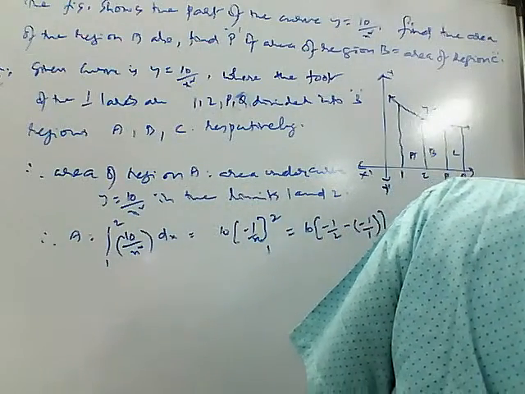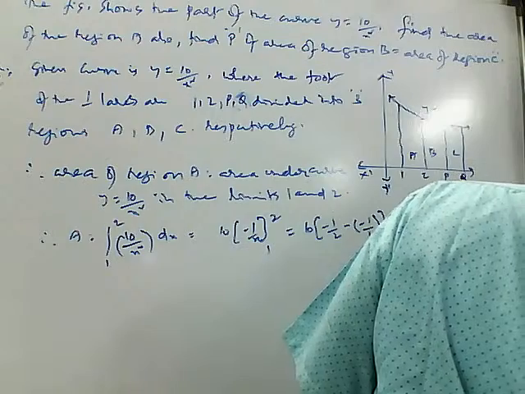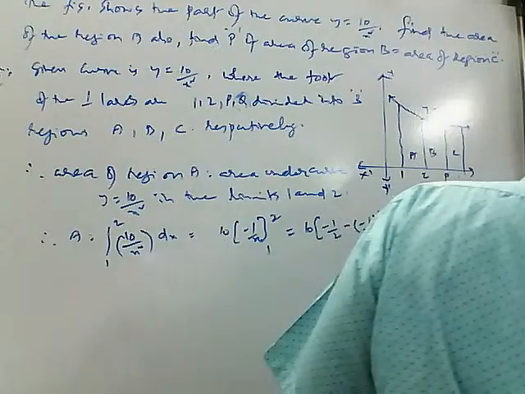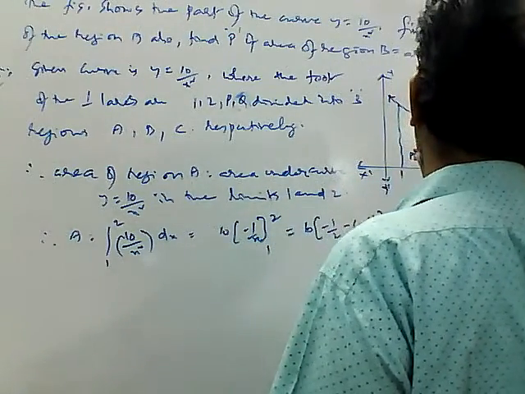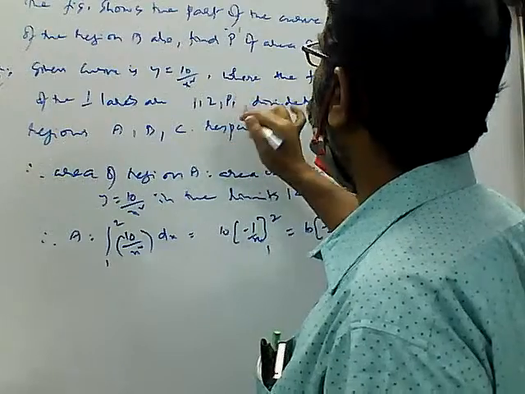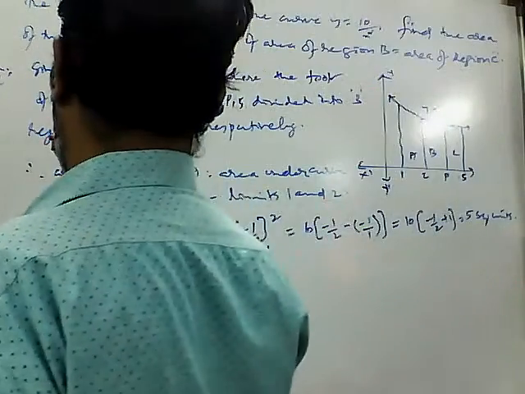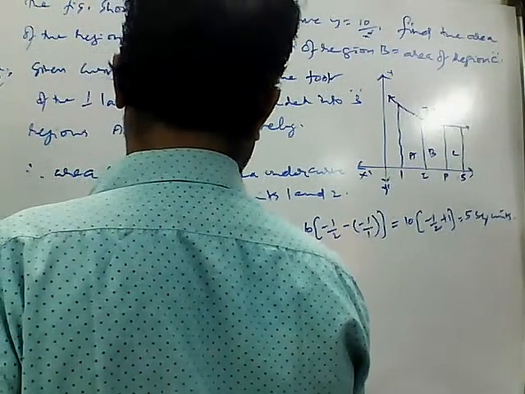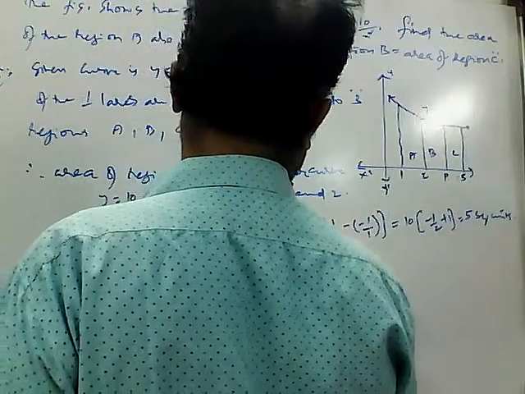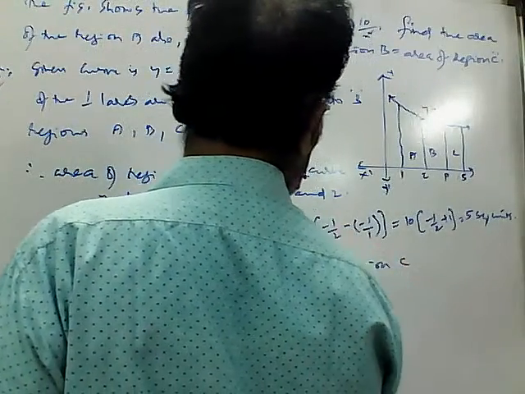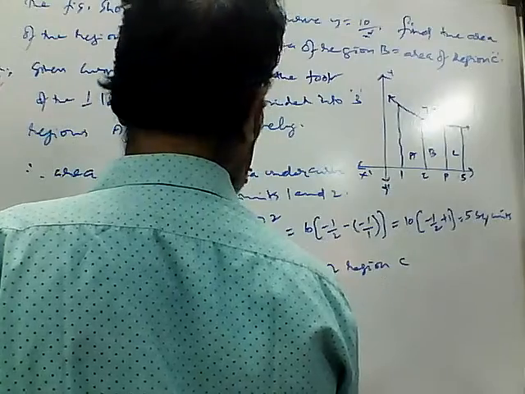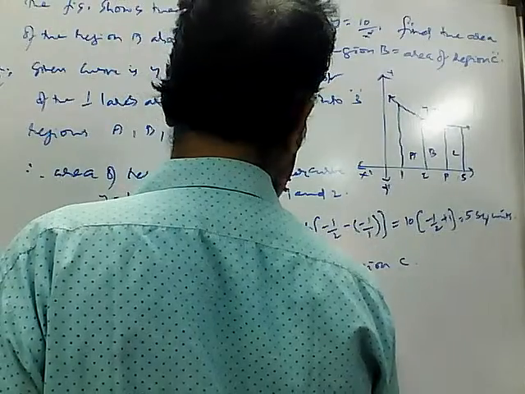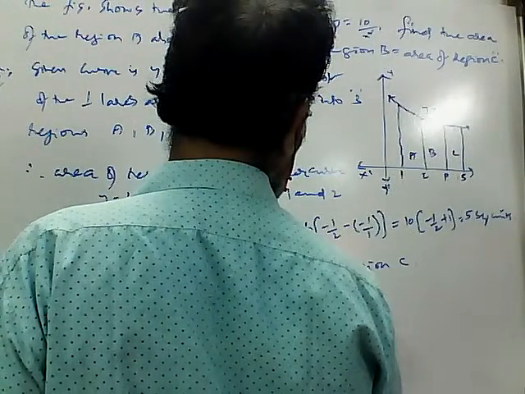Next, 2 to p, p to 5. Now, it is also given that the area of region B is equal to the area of region C. Therefore, integral 2 to p of 10 by x square dx is equal to integral p to 5 of 10 by x square dx.